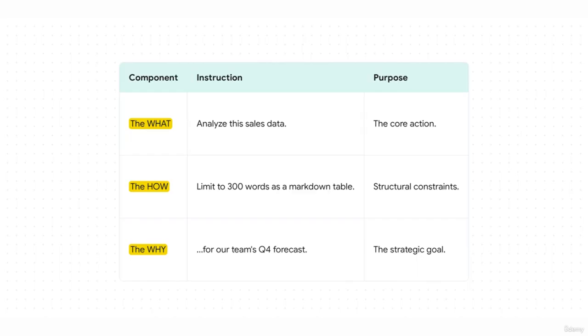Analyze this sales data. The how provides the structural constraints, limit to 300 words, and present as a markdown table. And the why provides that crucial strategic context, because I need to forecast Q4 revenue for our executive team. An AI that receives this prompt knows exactly what to do, how to structure it, and why it's important. There's literally no room for misinterpretation.